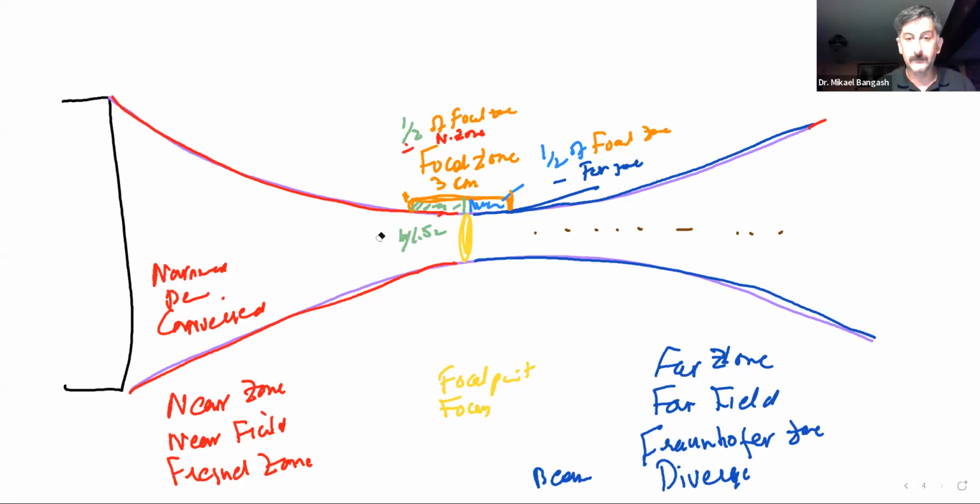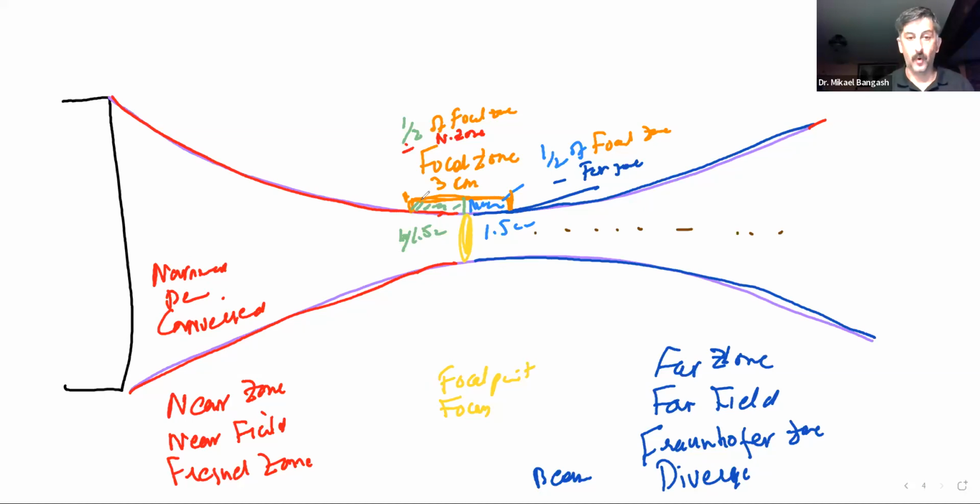And the other half, another 1.5 centimeters of your focal zone, was going to be in the far zone.